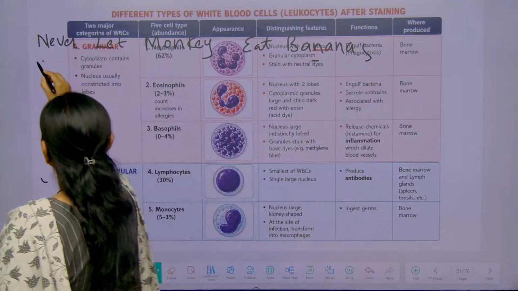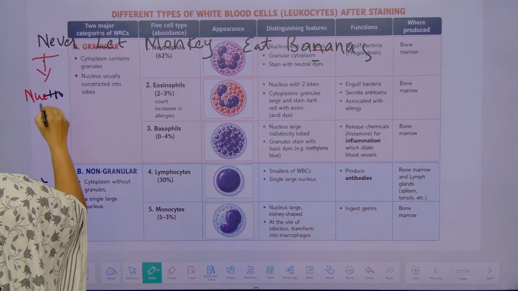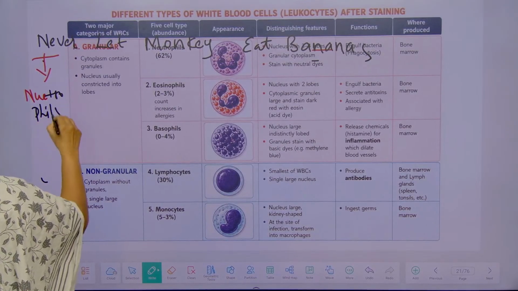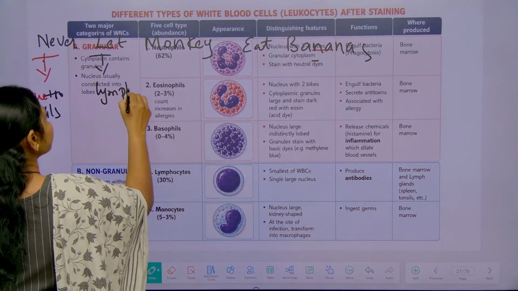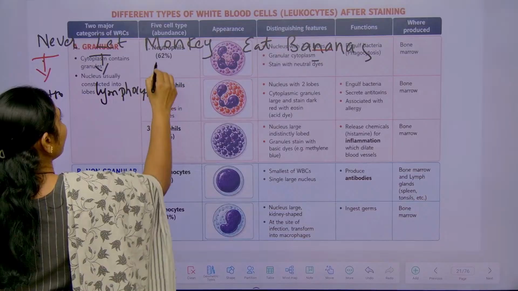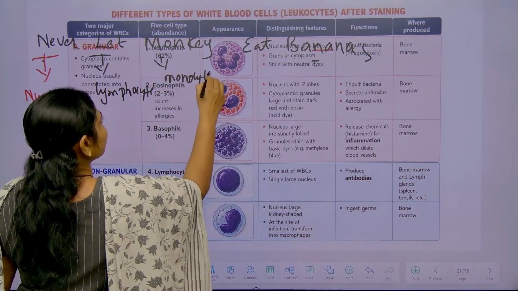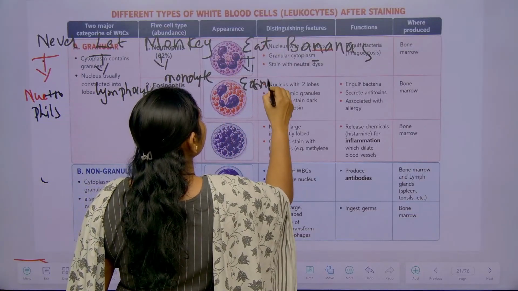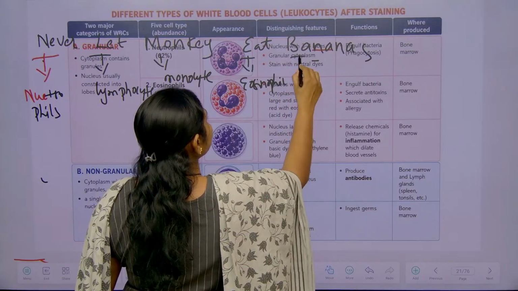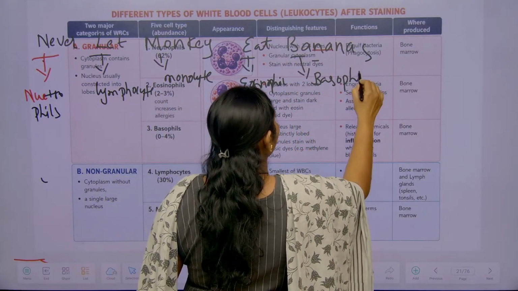N stands for neutrophils, L for lymphocytes, M for monocytes, E for eosinophils, and B for basophils.